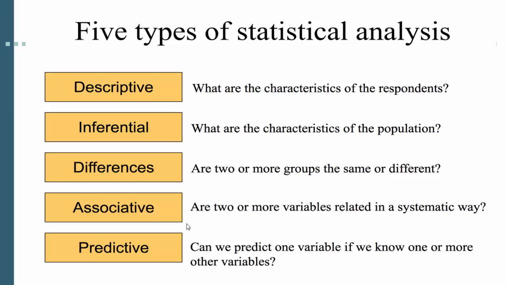Finally, in predictive analysis, we aim to predict values of one variable based on a different variable. For example, we might want to predict what your performance would be if you spent a particular amount of time on study.